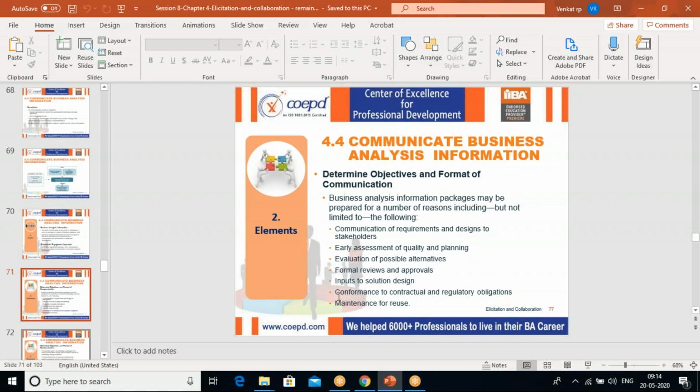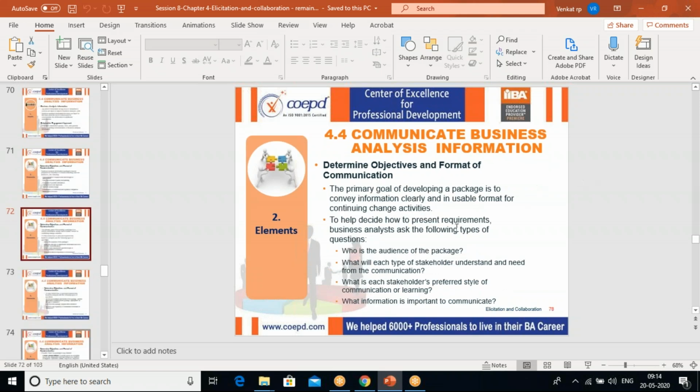This is the business analysis information we are going to communicate. The primary goal of developing a package is to convey information clearly and in a usable format for continuous change activities.